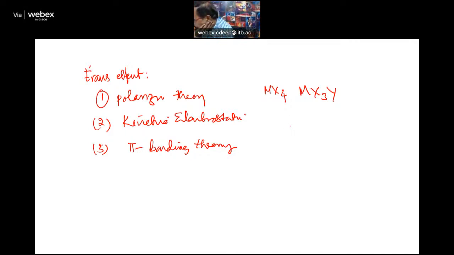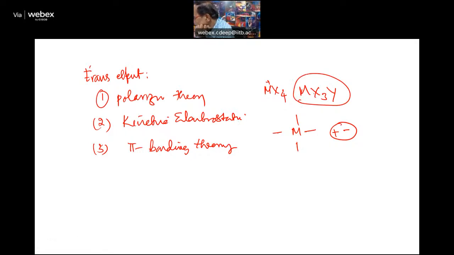For example, let us assume the metal is here and four ligands are there: one here, one here, one here, one here. In this case, the ligands induce polarization on the metal also. The metal is a cation, and it is polarized like this, plus and minus, under the influence of this kind of unsymmetrical ligand field.